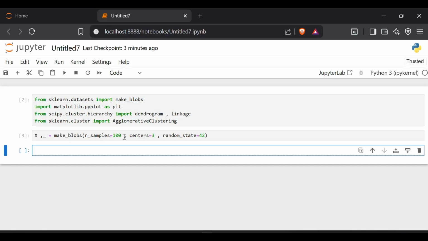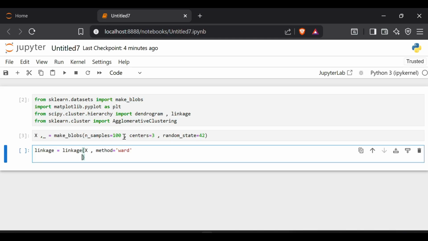So now we will plot the dendrogram. For that we have to write linkage is equal to linkage, and you have to give the value, so x comma, method we will give ward.